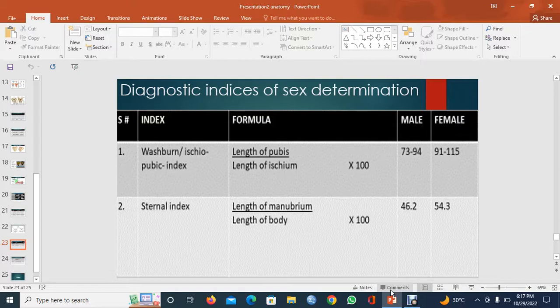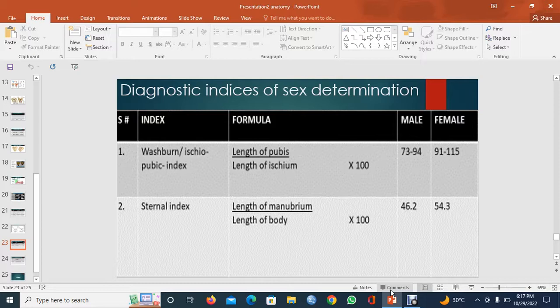Basically, the pubic bone of the adult female is longer than the male, and the ischium bone of the adult male is longer than the female in the pelvic bone, and the ischiopubic index takes advantage of this relation.